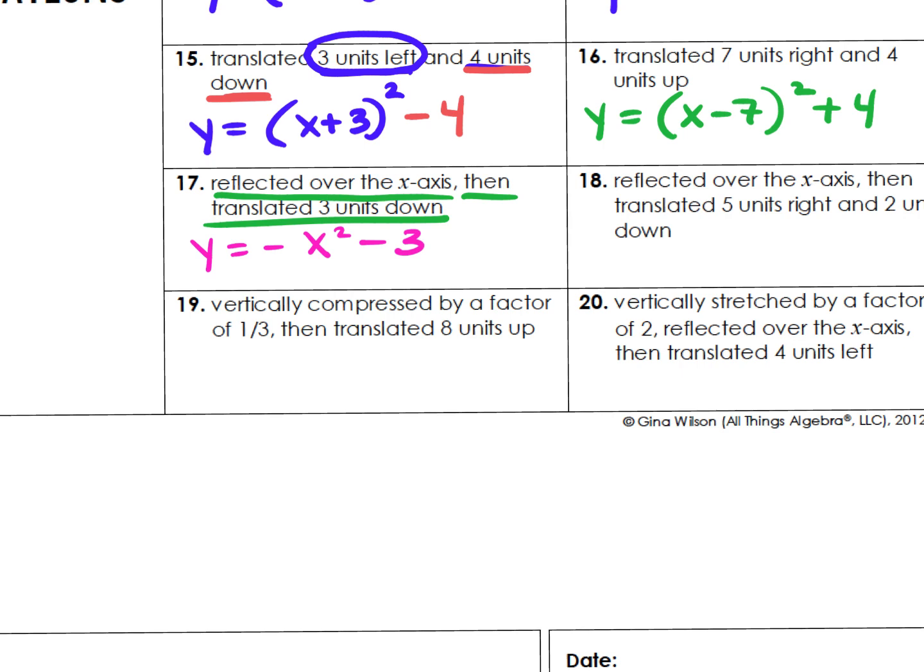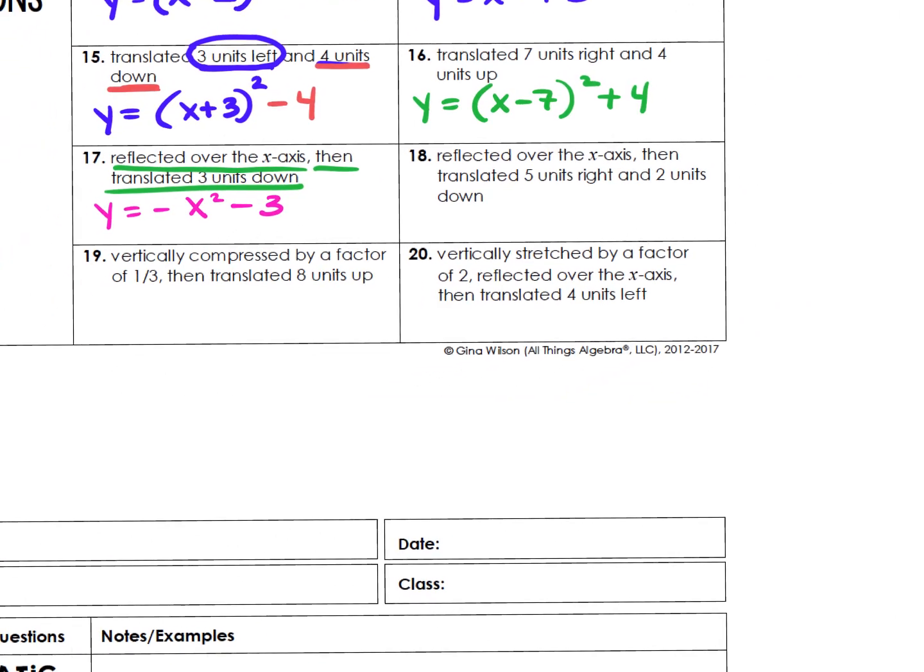Okay, so talk to your neighbor and do number 18. What's that going to look like? If it was a negative and then a number, like negative 1/2, you'd put it in front. And if there was no number, then it would just be x squared.